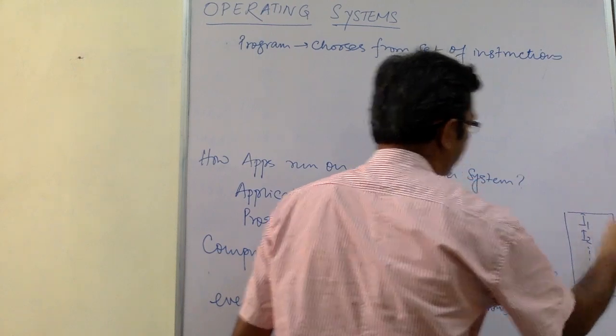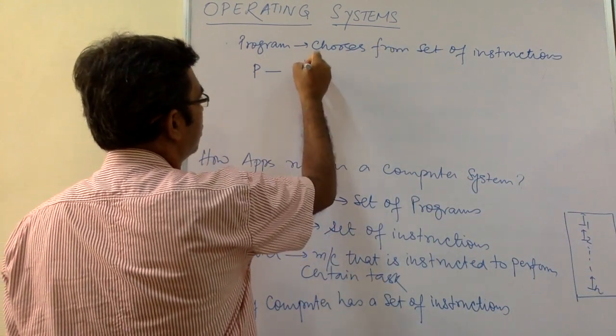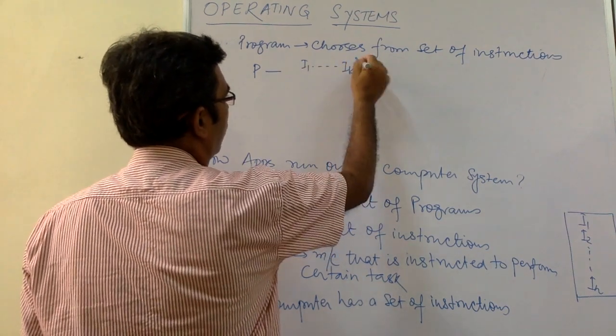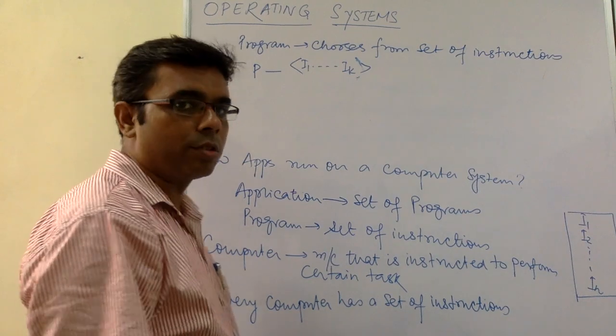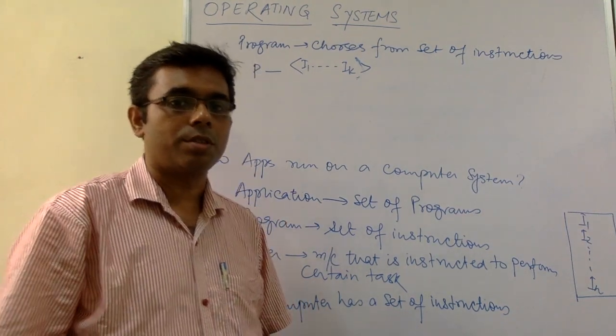So suppose you have n instructions, so there's a program P. What you have to do is, you choose some I1 to Ik, a set of this from these n number of instructions. So you will be writing your program using these instructions.